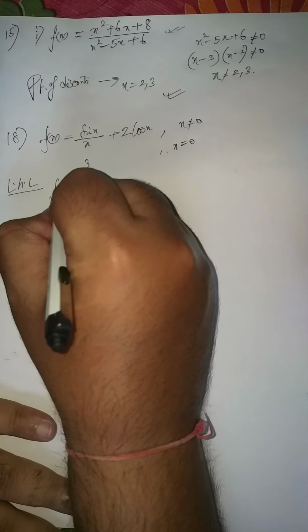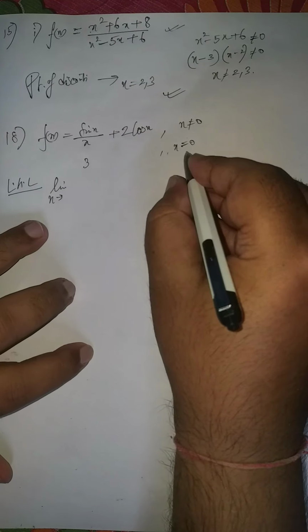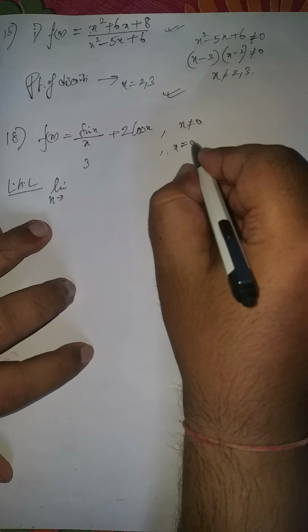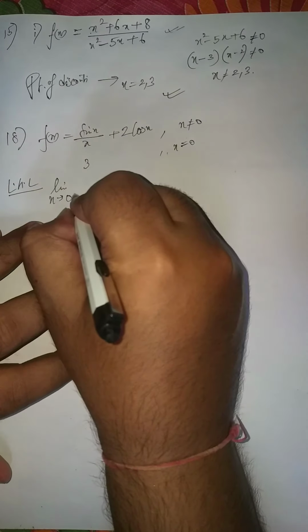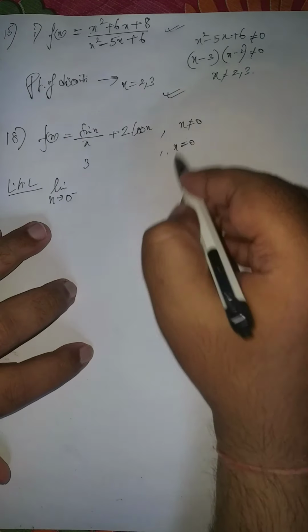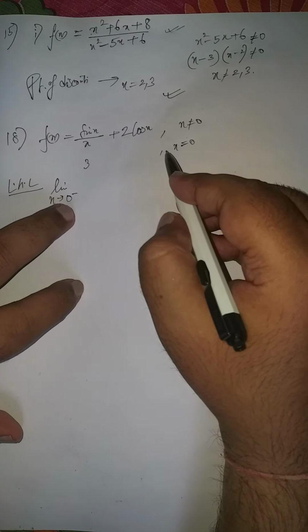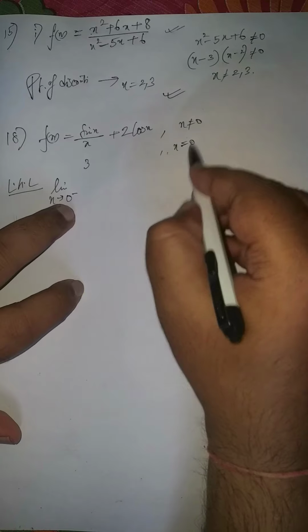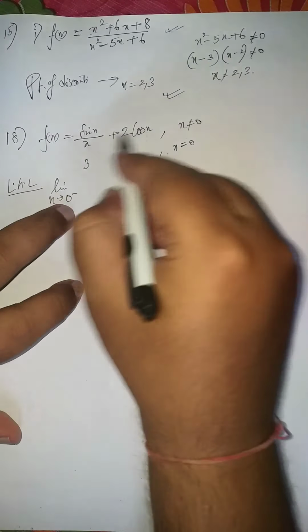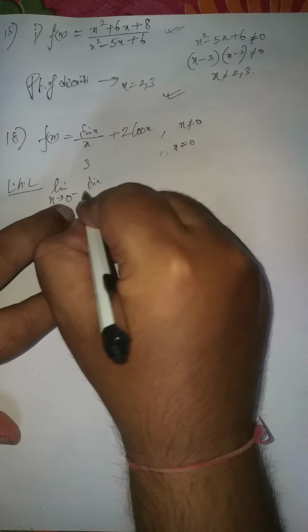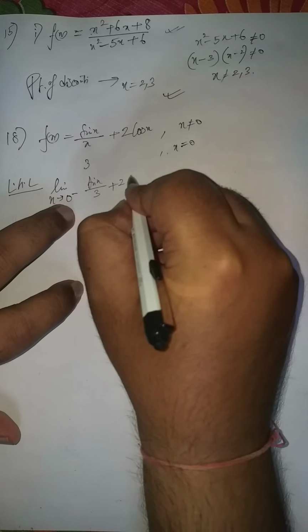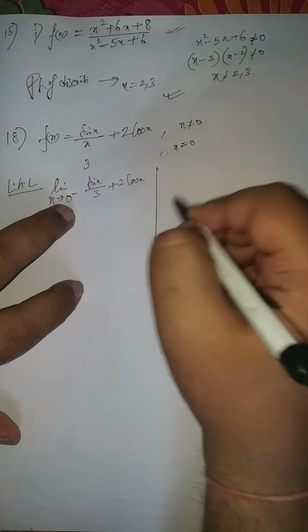Limit x tends to 0, the point is 0, you have to check at 0. Left hand limit means 0 minus. Now which function will you consider? 0 minus means it is not equal to 0, so you have to exclude the second one. You have to take the first function, sin x by x plus 2 cos x.